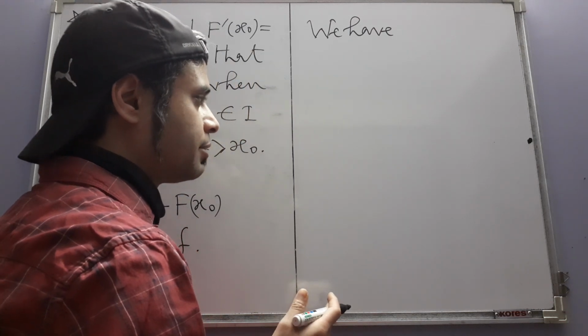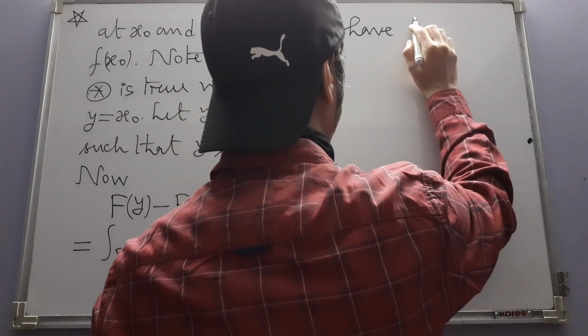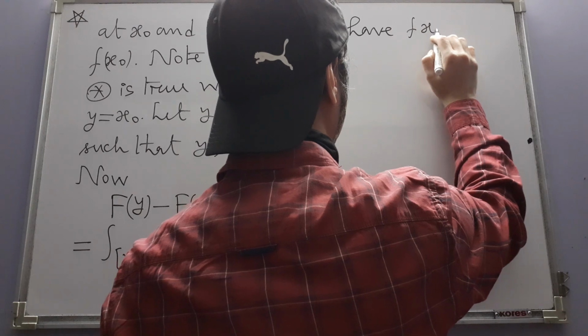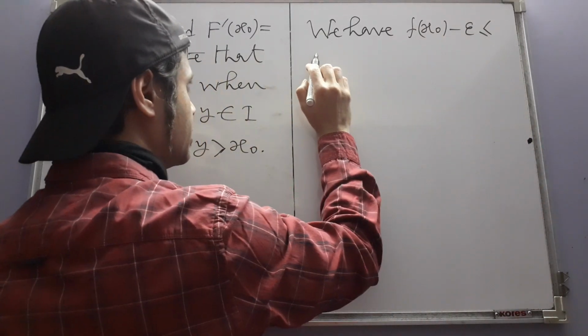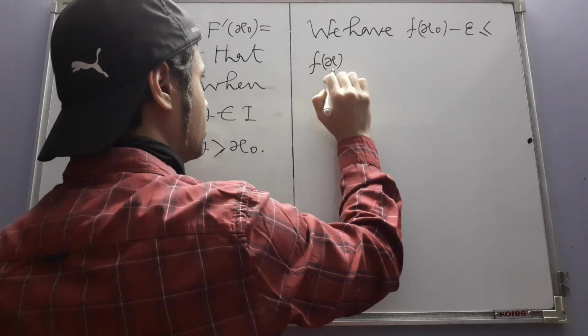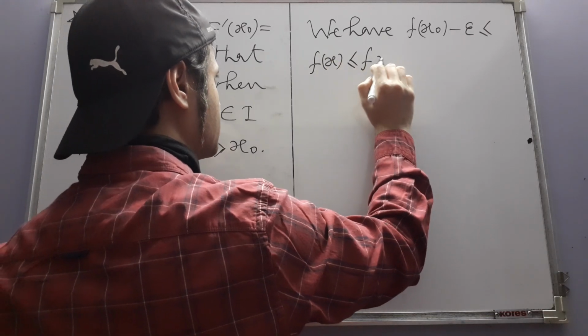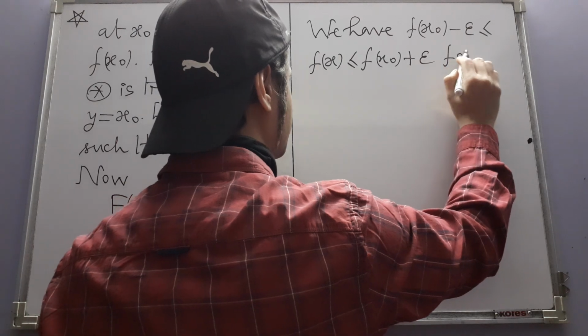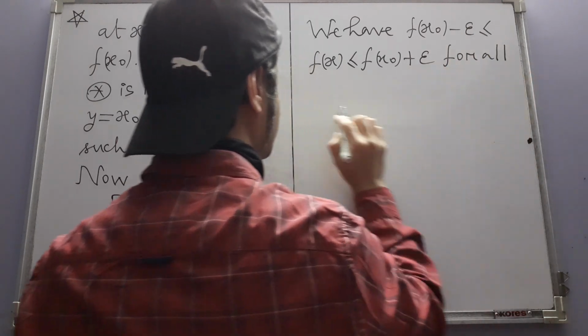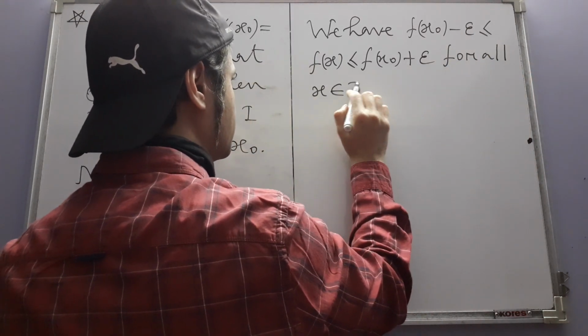In place of that, we can also write these inequalities. F of x naught minus epsilon is less than or equal to f of x, which is less than or equal to f of x naught plus epsilon for all x belonging to I.